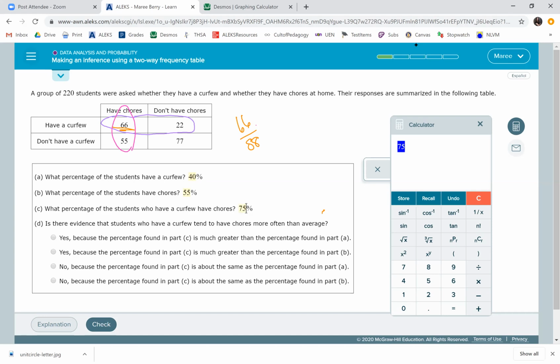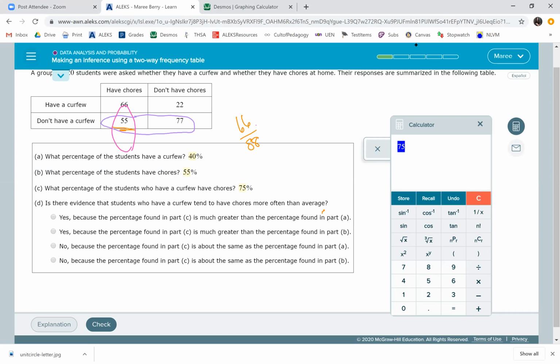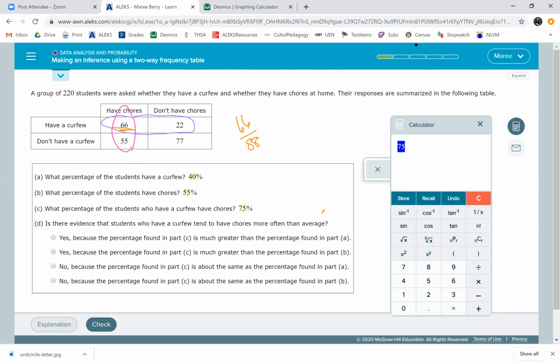Okay, now what's our question here? Is there evidence that students who have a curfew tend to have chores more than the average? So 55% have chores, 75% have a curfew and have chores. So yes, they do, because C is much greater than B. So it's going to be this first one, because A doesn't have to do with chores.